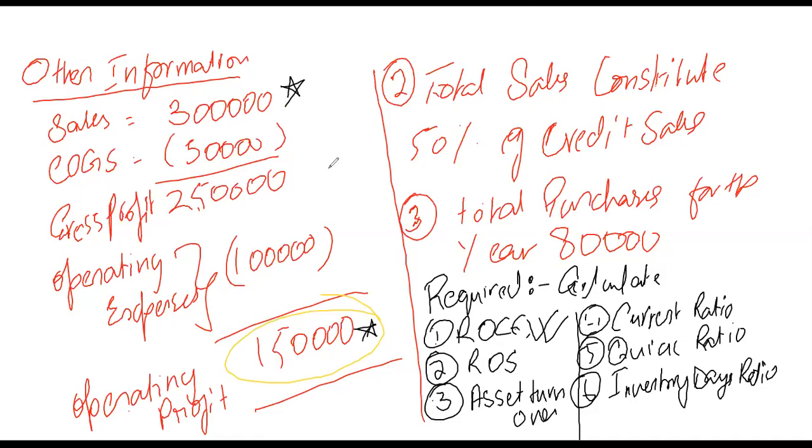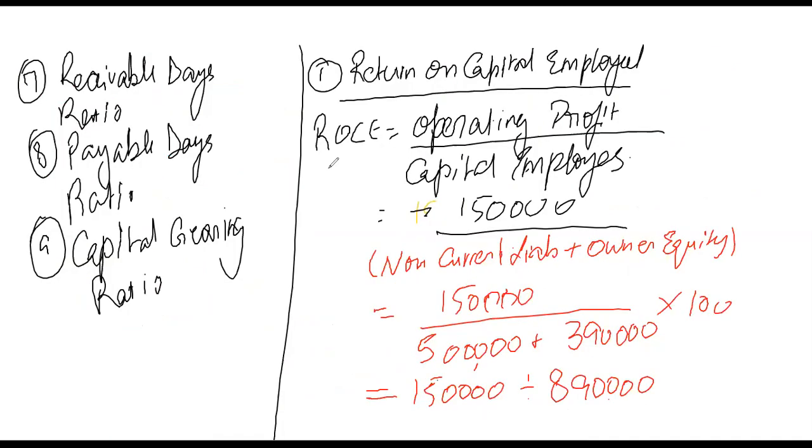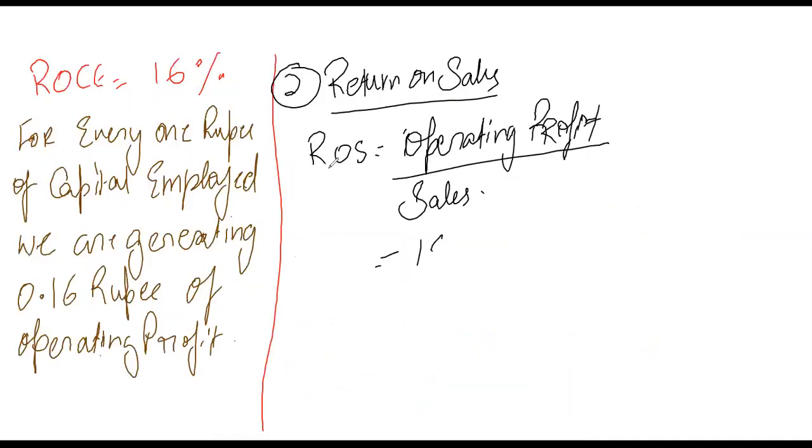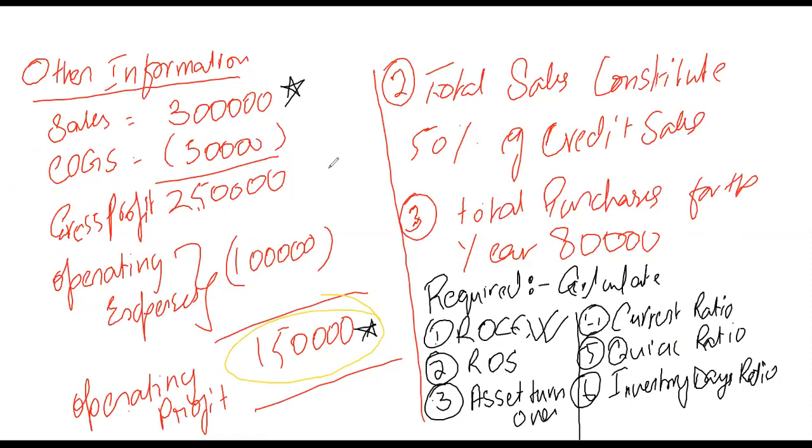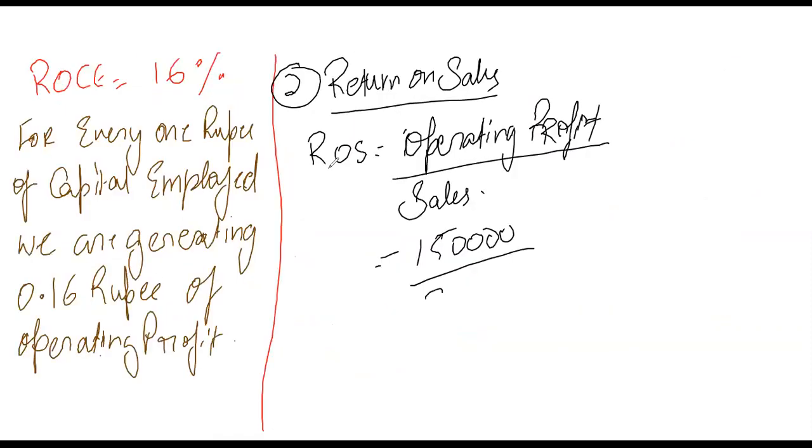The operating profit is 1,50,000 and the sales value is 300,000. It's a very clear answer. 1,50,000 divided by 300,000 is 0.5, which means 50%.